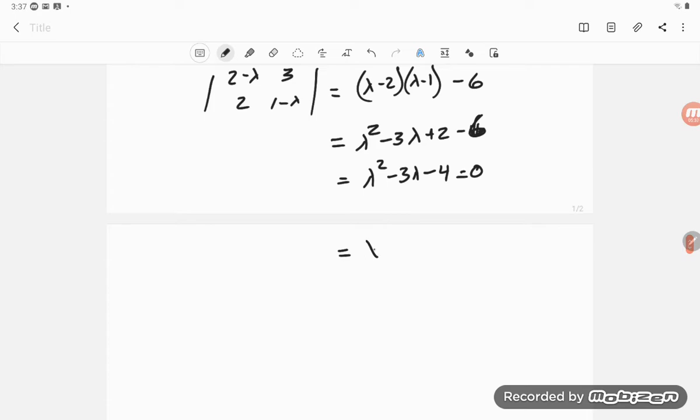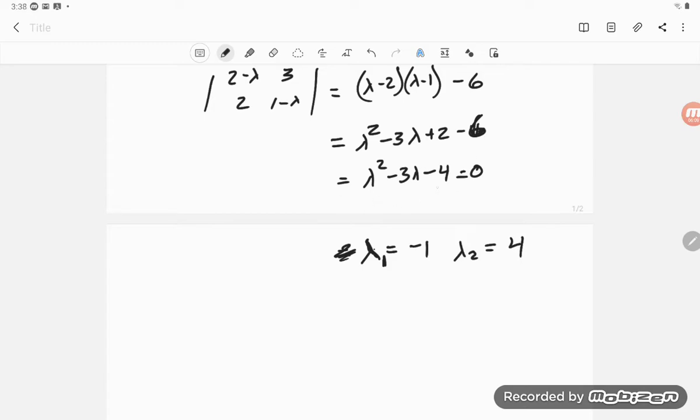So our lambda 1 is equal to negative 1, and lambda 2 is equal to 4 when we factor that.